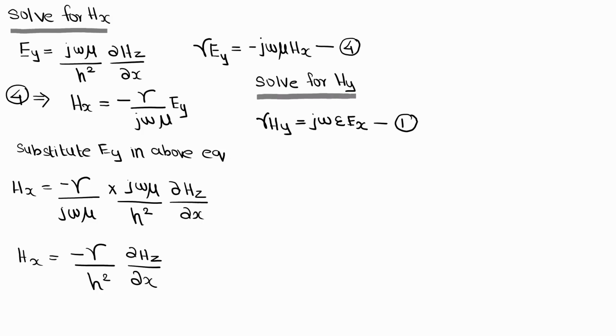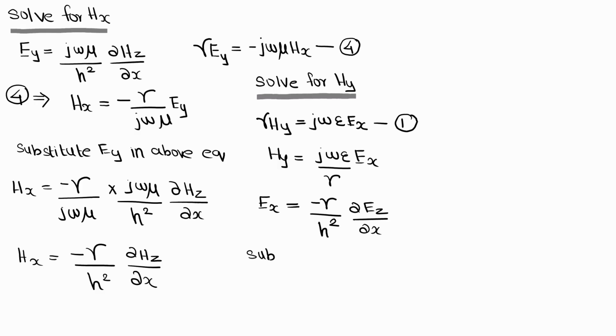Now to solve for Hy, we consider the equation gamma Hy equal to j omega epsilon Ex. And we also consider the equation Ex equal to minus gamma upon h square dou Ez upon dou x. So from equation number 1, Hy equal to j omega epsilon upon gamma into Ex. And we know Ex equal to minus gamma upon h square dou Ez upon dou x.